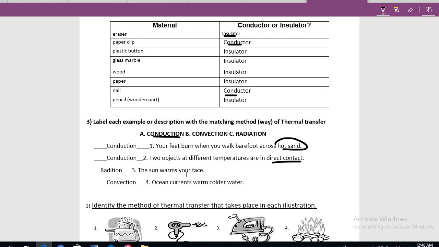The sun warms your face: the sun emits rays, waves, so this is radiation. Convection is ocean currents: heat transfer through water or gas is called convection.